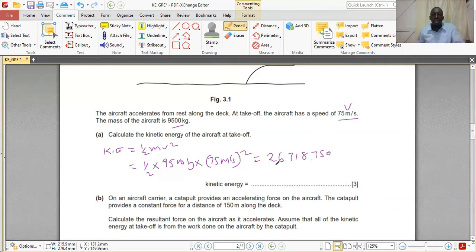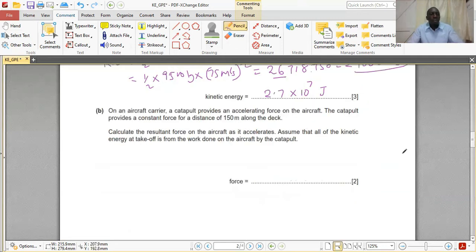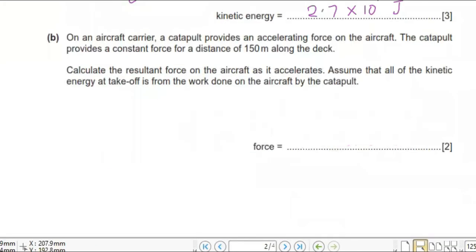Into two significant figures, this will be 2.7 times 10 power 7 joules. This is in standard form. If you're not sure of the standard form, you can give your answer as 27,000,000 joules. Same concept.